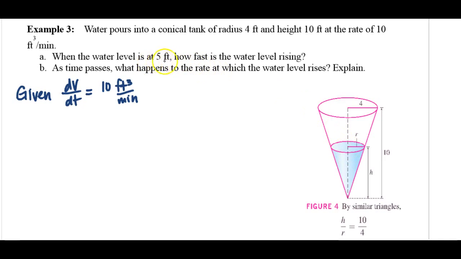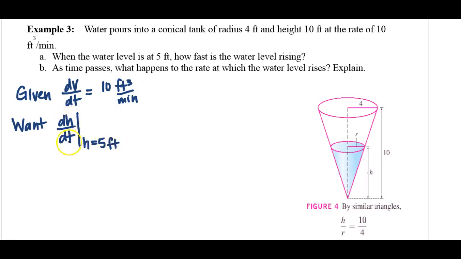So when the water level is at 5 feet, meaning when this h is 5 feet, how fast is the water level rising? At that one moment in time, when the height of the water is 5 feet, how fast is the water level rising? Here's what I want: I want dh/dt when, and I'm going to start to use this notation, when the height of the water is at 5 feet.